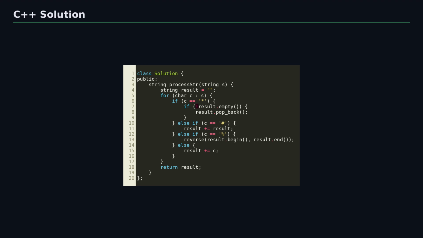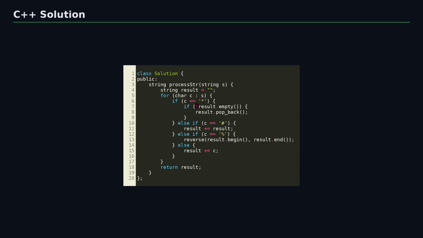Now, let's take a look at the C++ code that implements this solution. We start by defining a class called Solution with a method called processStr that takes a string as input and returns a processed string. Inside this method, we initialize an empty string called result. Then, we iterate over each character in the input string using a for loop. For each character, we use an if-else statement to check what operation it represents.